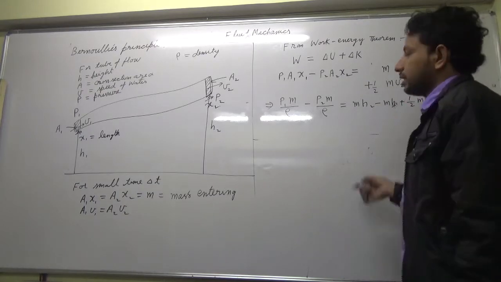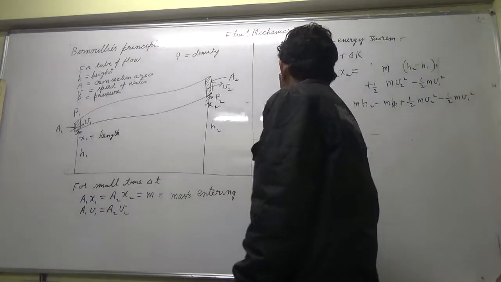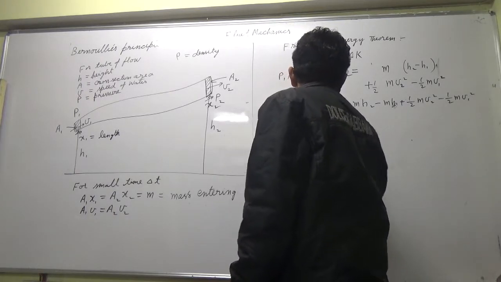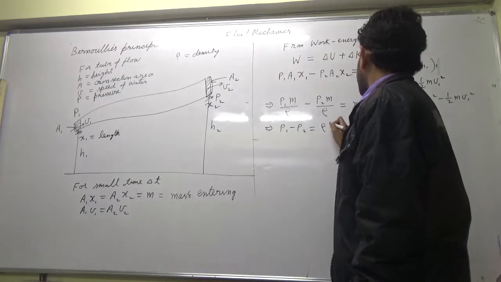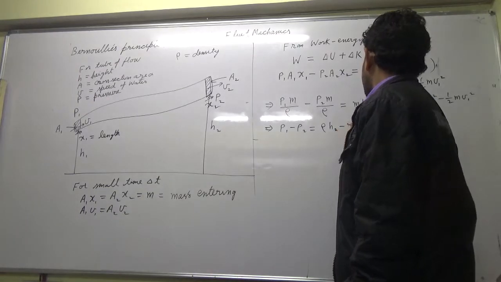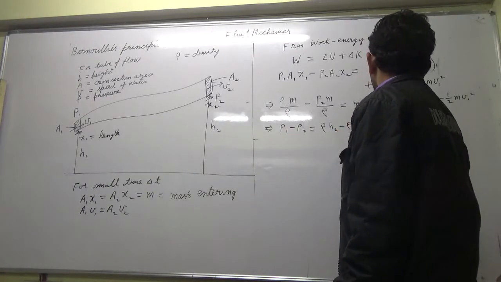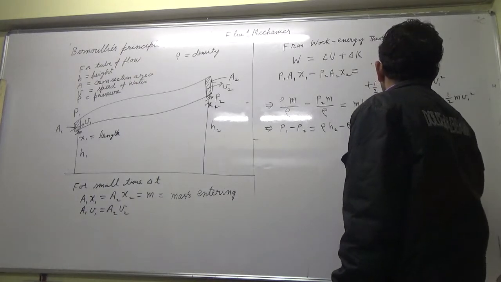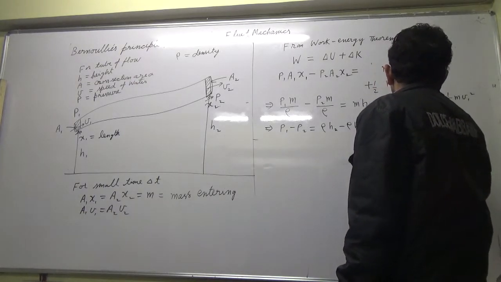So mass will get cancelled in all the terms, and we will have P1 minus P2 equal to rho g H2 minus rho g H1 plus half rho V2 square minus half rho V1 square.